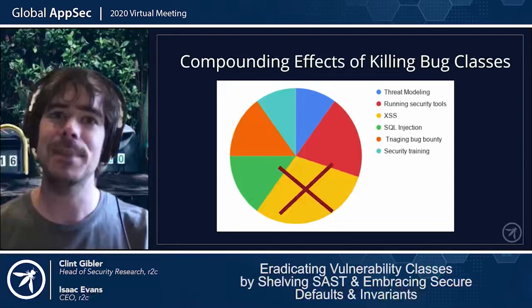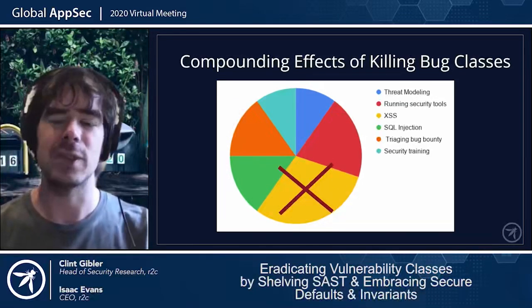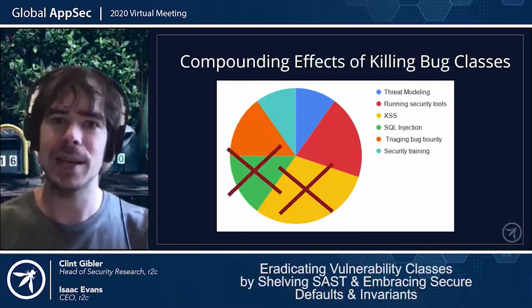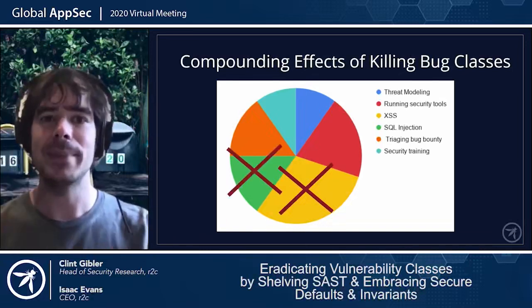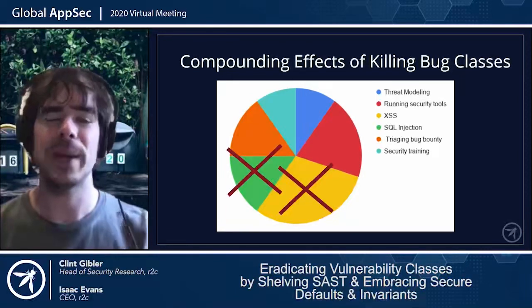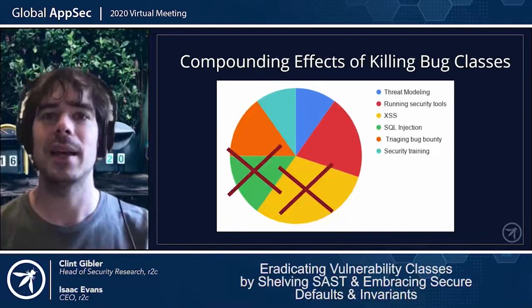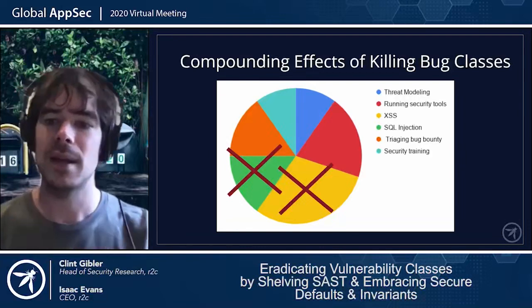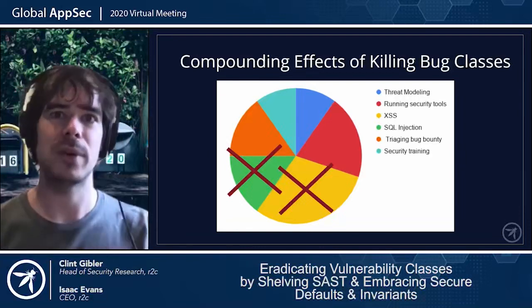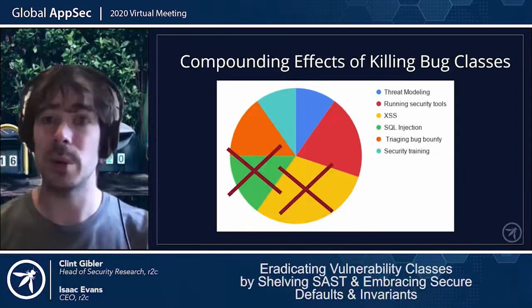Then all of that time you used to spend addressing cross-site scripting, you can focus on something else, perhaps SQL injection. And by gradually eliminating all of these things you used to care about, you become much more leveraged and highly scalable as a security team, where you just knock off more and more problems even with the same number of people and not having to work crazy hours.